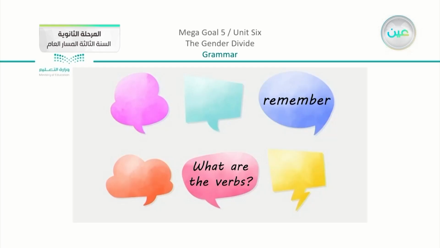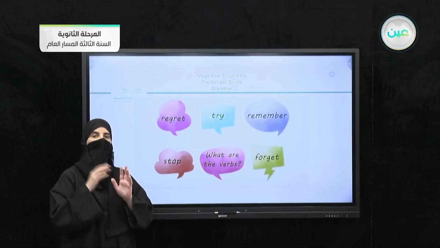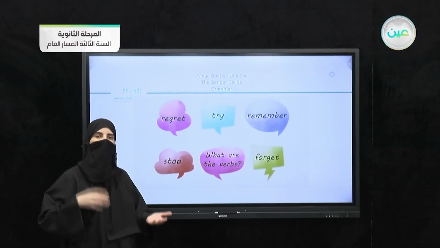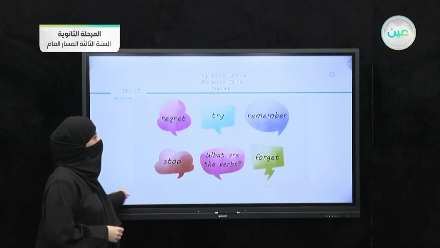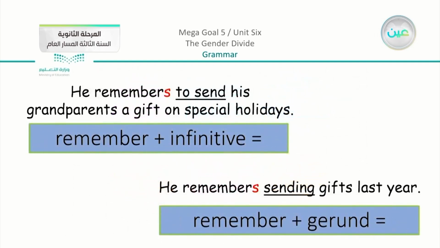We have remember, forget, try, regret, and stop. Put in mind that we are going to focus on these 5 verbs. They do have a direct relation with either a gerund or an infinitive. So we have here our idea. They come before the gerund or the infinitive, as we said before.